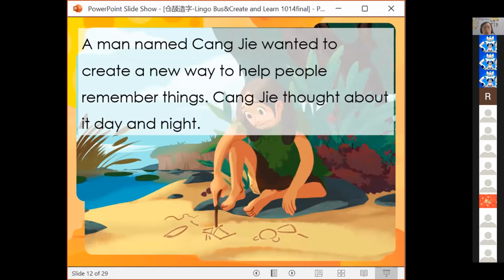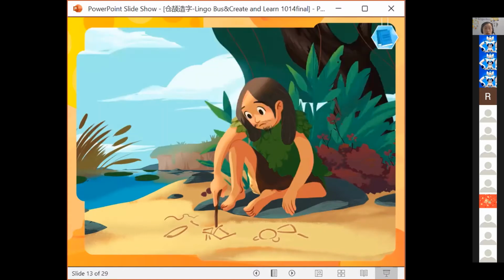Cang Jie thought about it day and night. Let's look at Cang Jie's face. Can you use one word to describe how Cang Jie felt now? Sid says sad. Yes, Cang Jie looks sad. And different words: confused, bored, maybe.